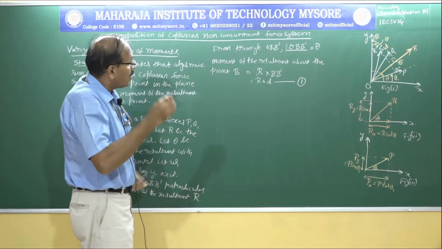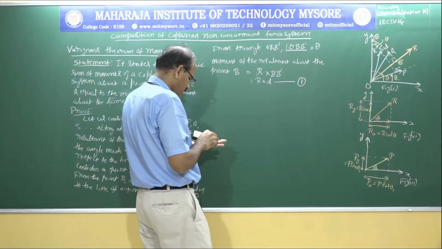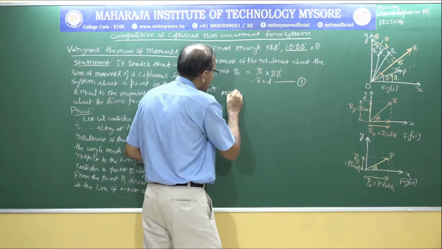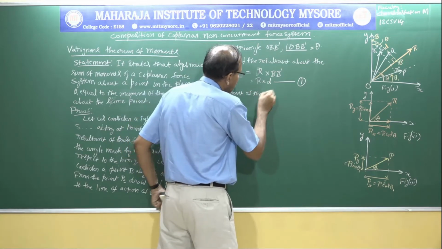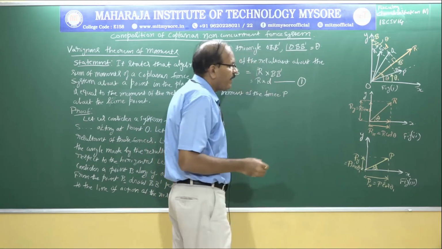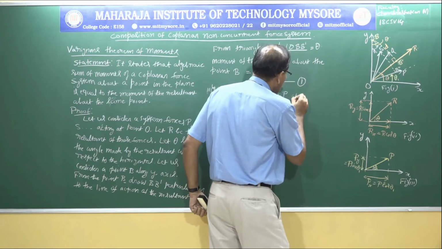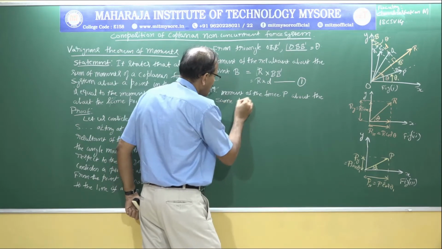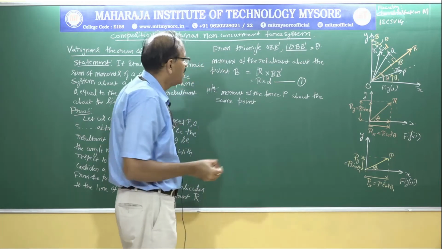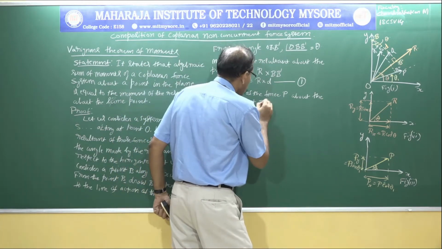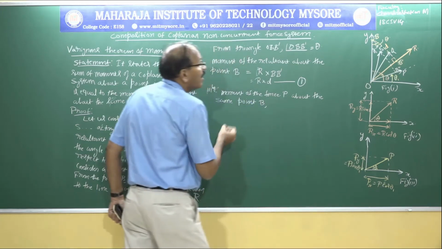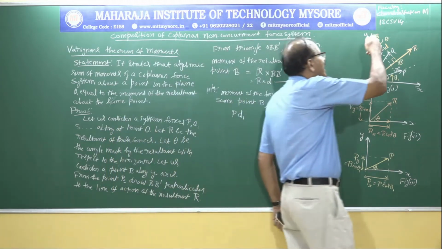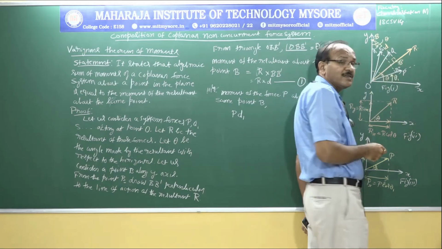Okay. So, along the same line, similarly, the moment of the force P about the same point B is given by P D1, where D1 is this perpendicular distance.